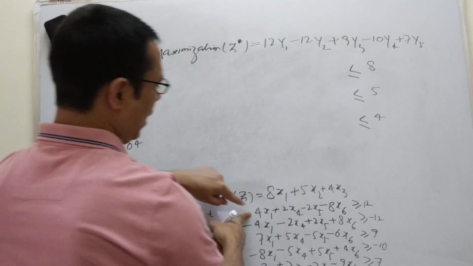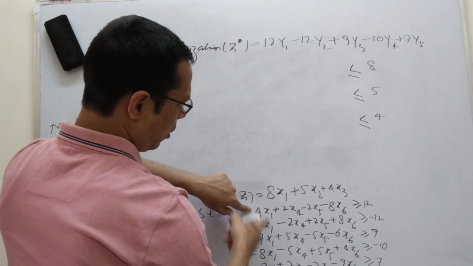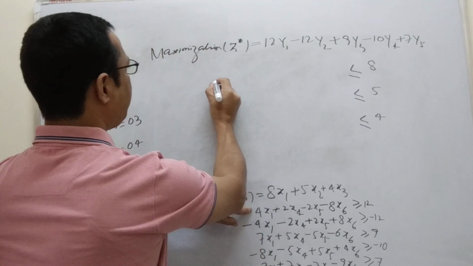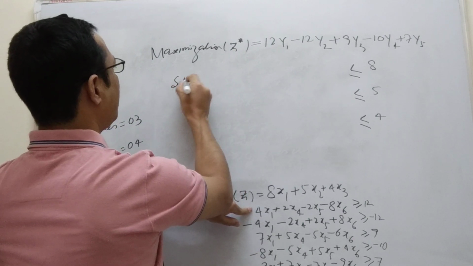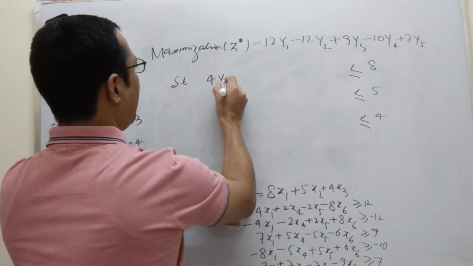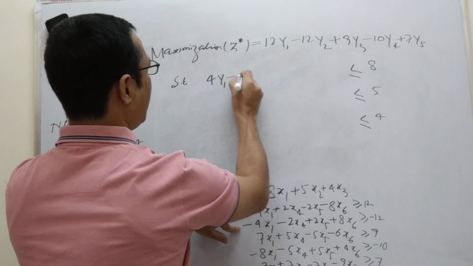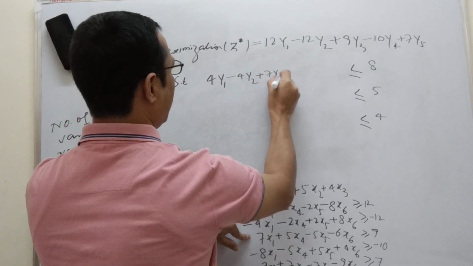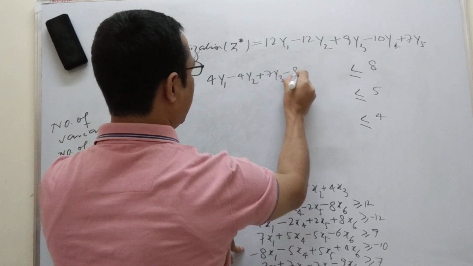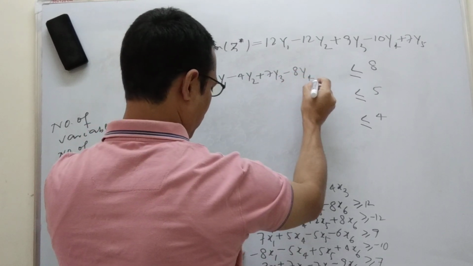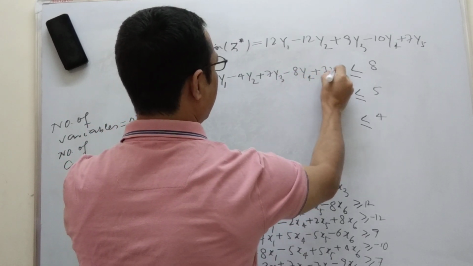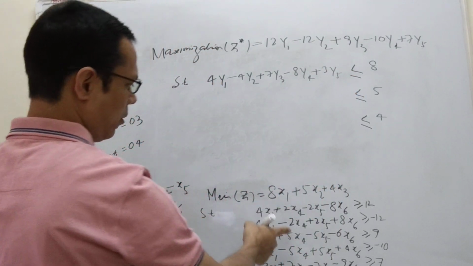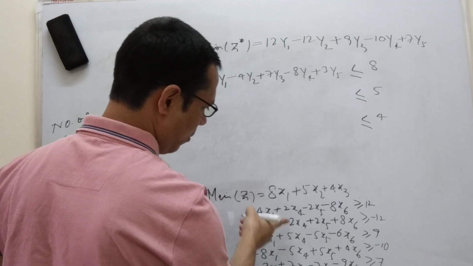So now here, because x1 is available in all these 5 constraints, we just need to write it like this: 4 subject to 4y1 minus 4y2 plus 7y3 minus 8y4 plus 3y5. Now the same for x4, because x4 is available in all these equations.